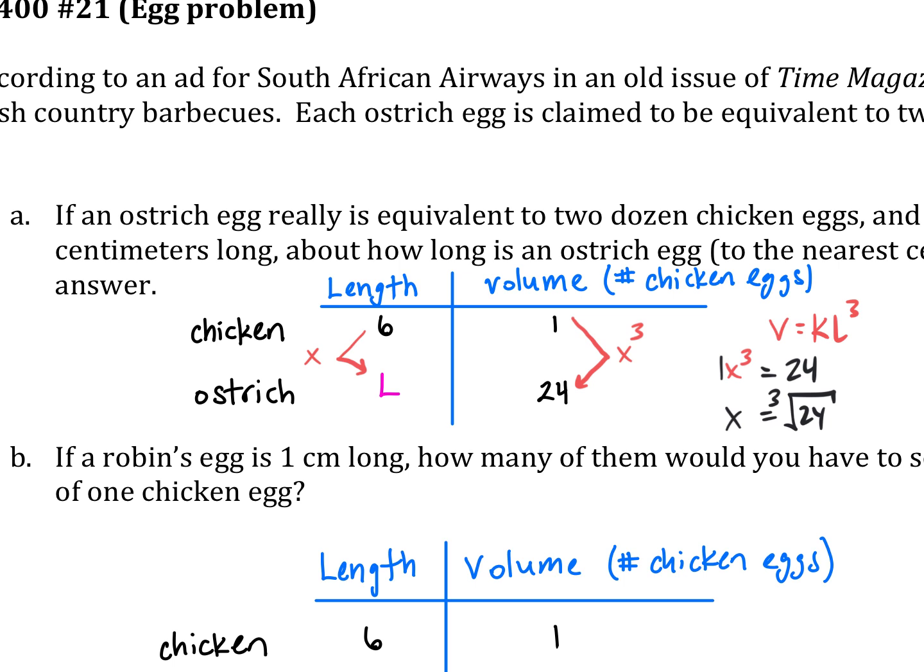Now we go back over here and take 6 and multiply it by this x value to get the length of an ostrich egg. So we're going to take 6 times the cube root of 24, and that equals L.